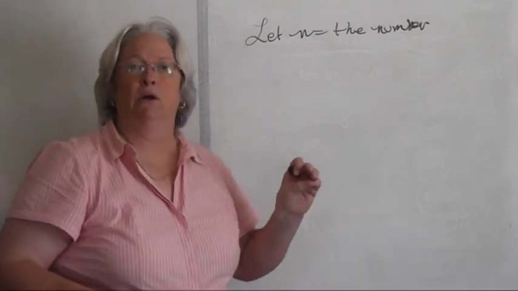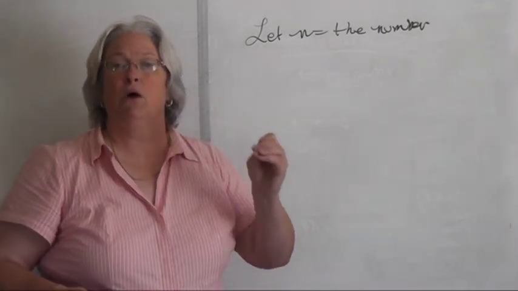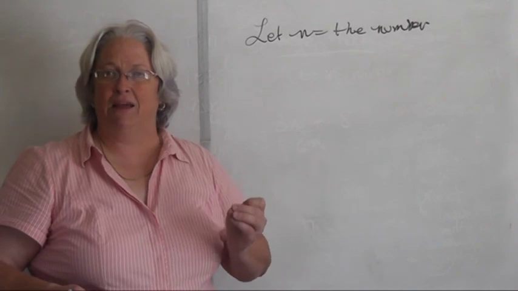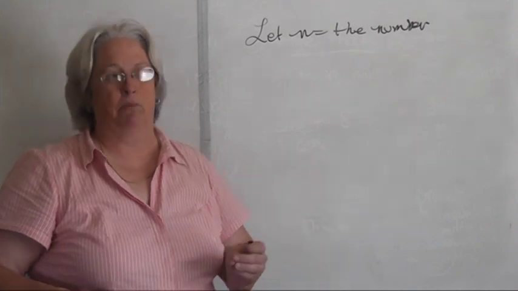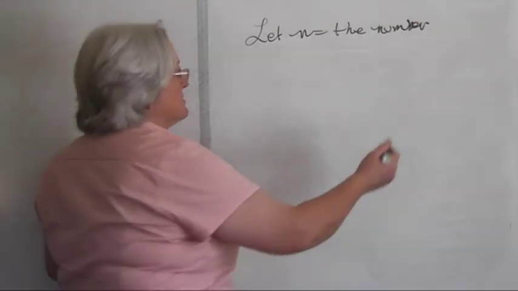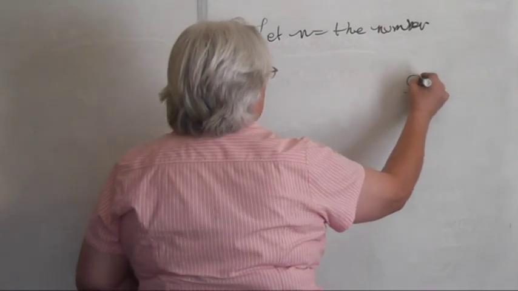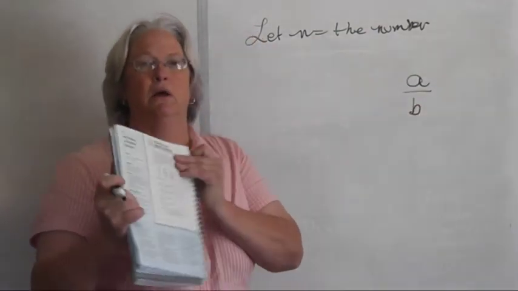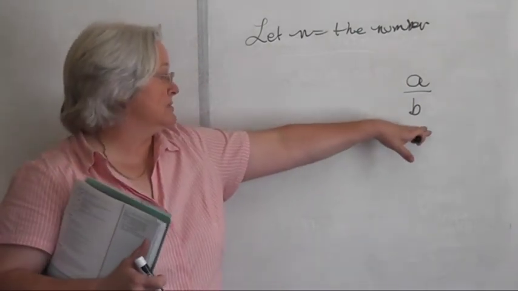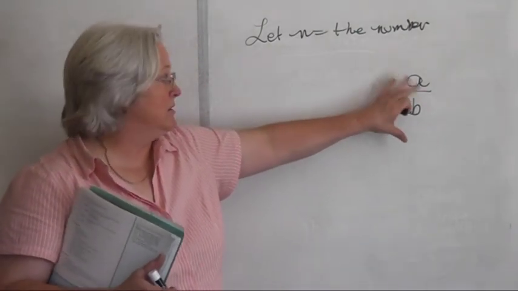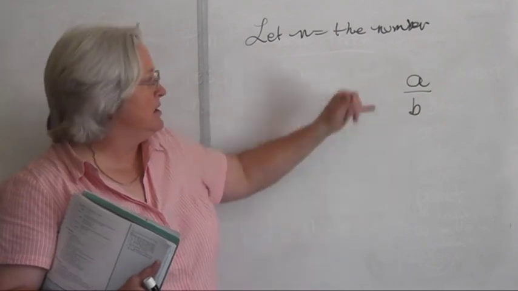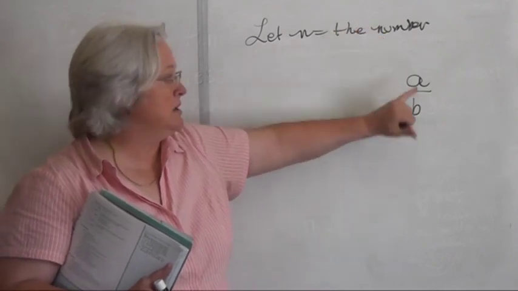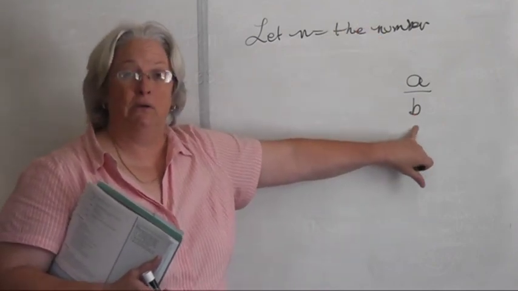The quotient of. What does quotient mean? Quotient means the answer to a division problem. Quotient is also what you have when you have something that is written in the form of a fraction. This is a quotient. This is one number divided by another number.